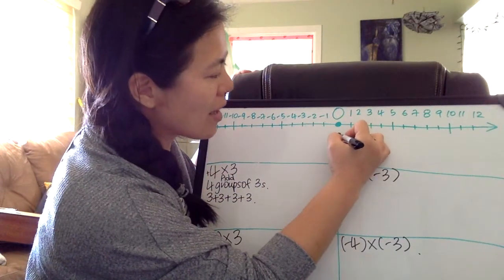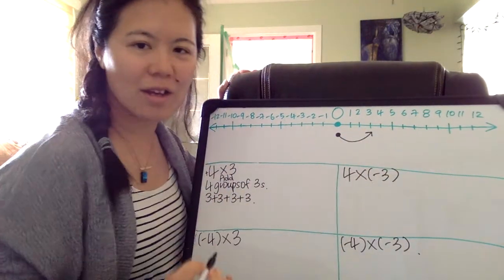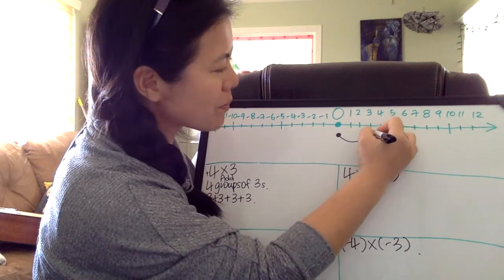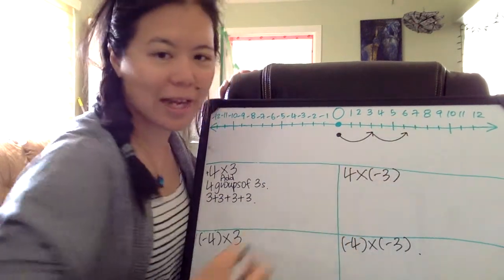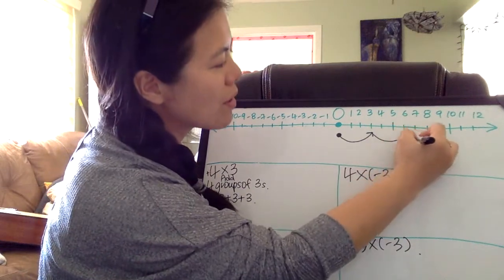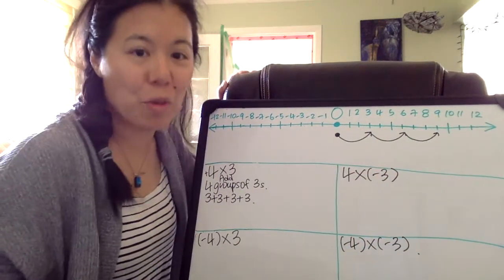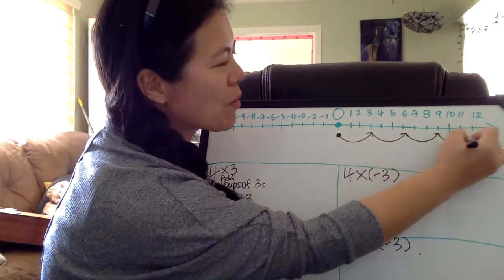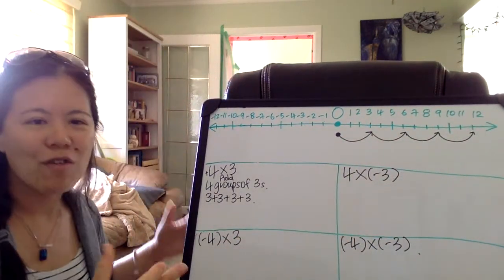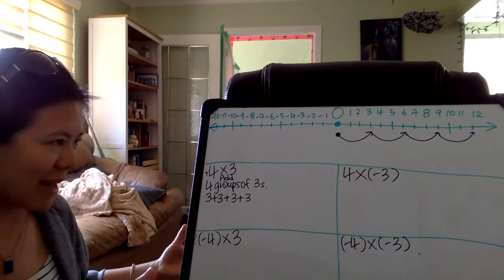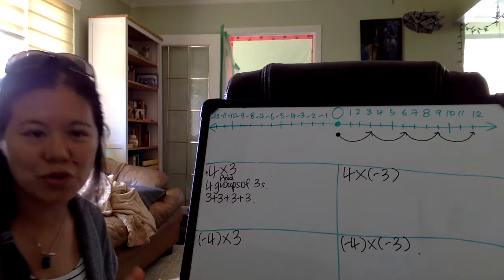So you add one group, second group, third group, and a fourth group, and you get to 12.